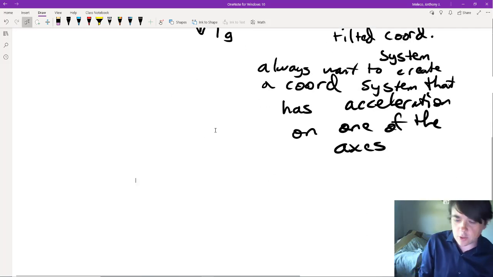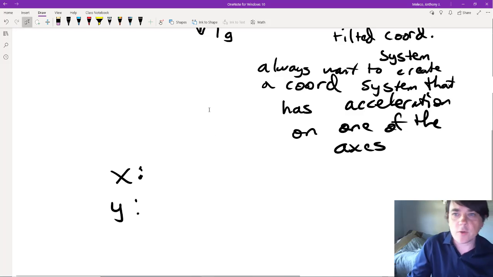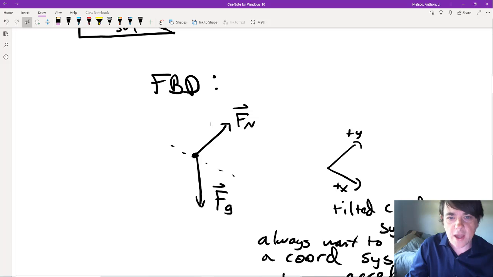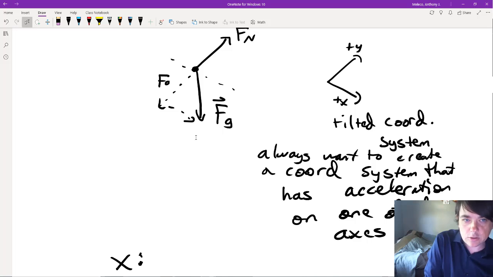So let's do our equations. We've got our x equation and we've got our y equation. On our x equation, I will write it first and then explain it later.